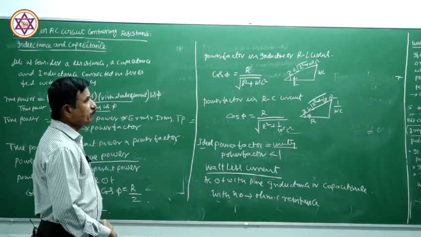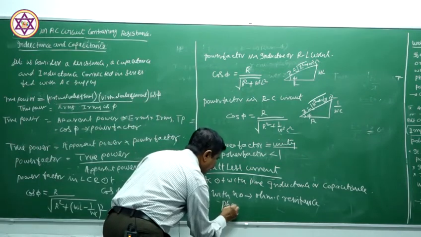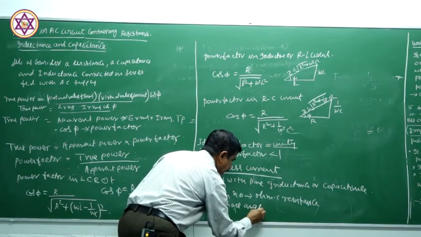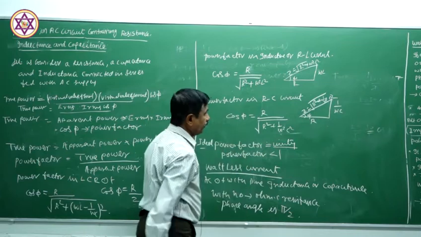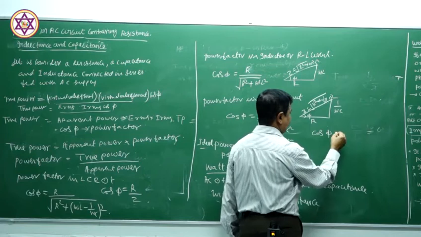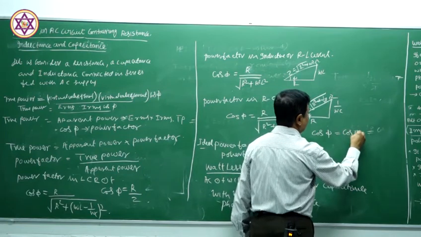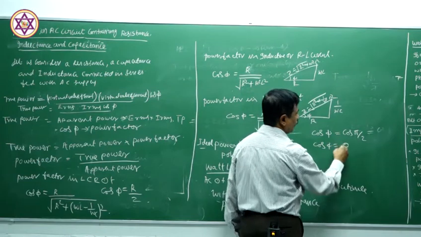What happens? The phase angle is pi by 2. Power factor is denoted by what? Cos phi. What does cos phi become? Cos pi by 2, which is equal to 0.